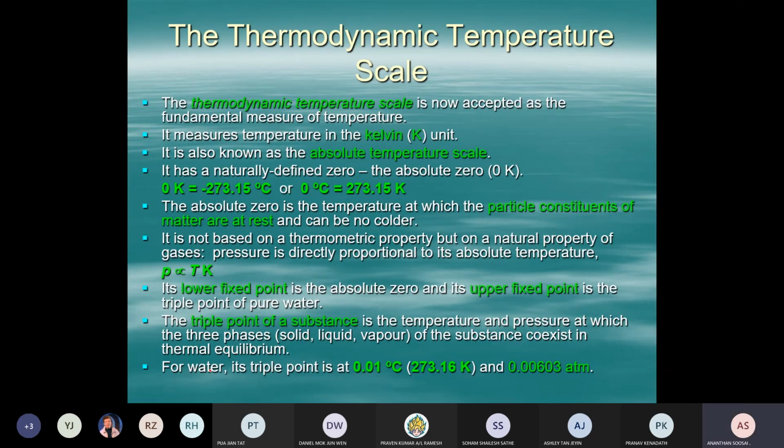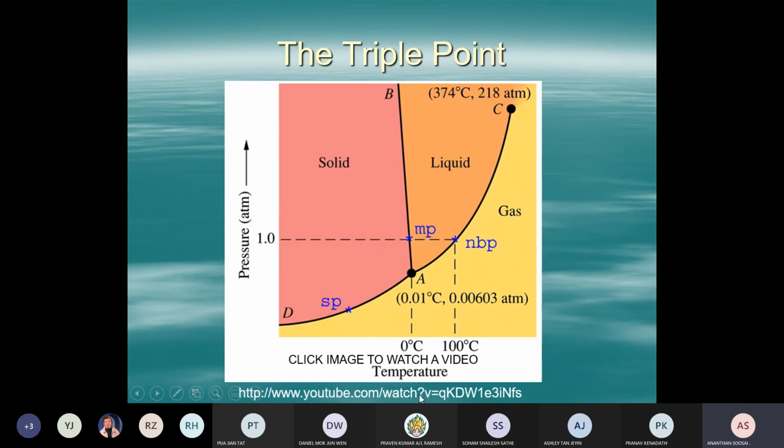Okay, so I haven't talked about the last line yet. Okay, I show you this graph. This is the graph, pressure versus temperature. This graph is for H2O, for water.